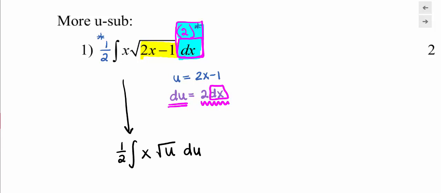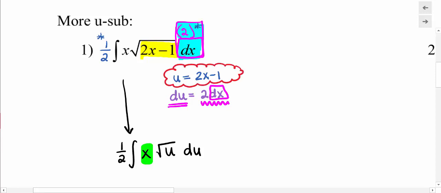The problem with this one is that we have that extra variable. If you remember in the last video, I did tell you we would address the extra variable case, and here it is now. You wrote a relationship between u and x, where in place of the 2x minus 1 we put a u.